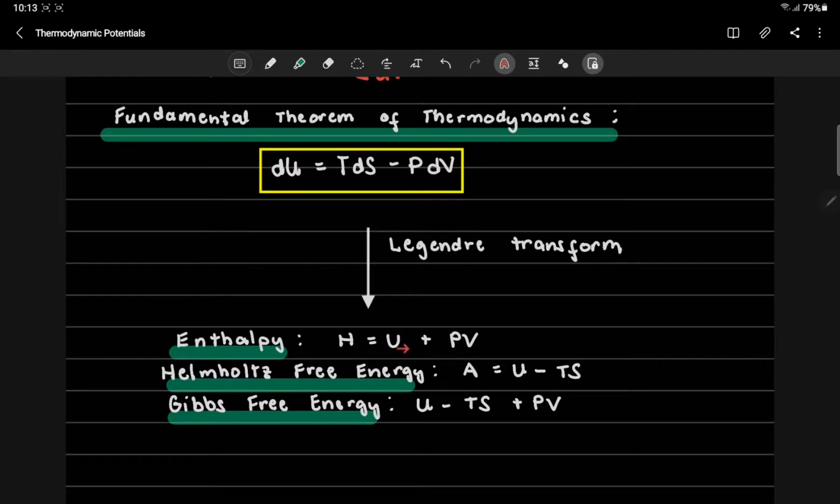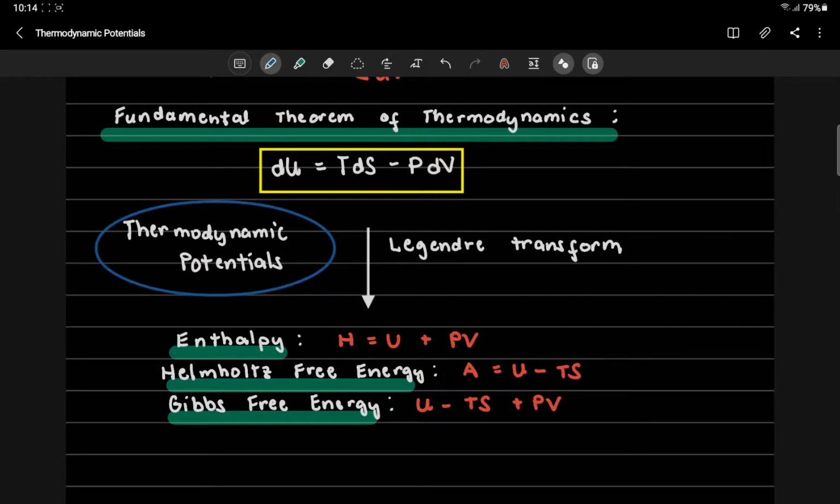And you can see here the definitions mathematically. So we call these four, the internal energy, enthalpy, Helmholtz free energy, and Gibbs free energy, thermodynamic potentials.